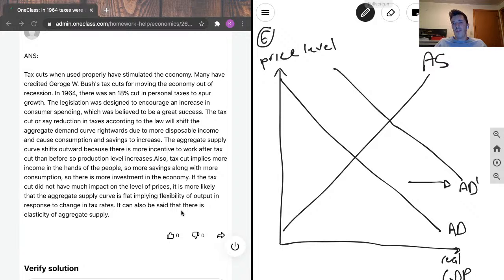So we'll run through this example first, where our aggregate supply is somewhat steep. So we have our original price level here, P star, and our original GDP here, Y star.